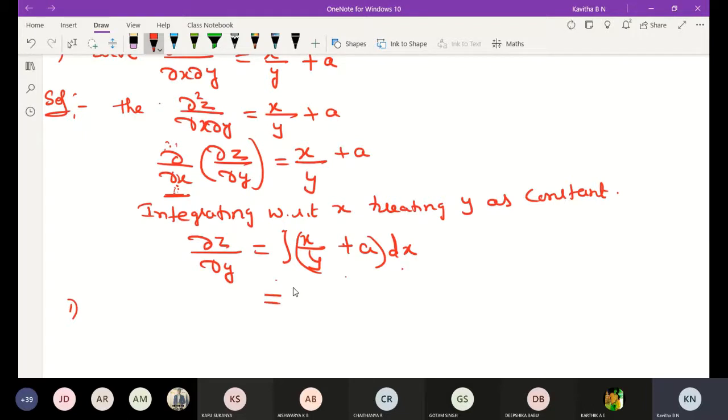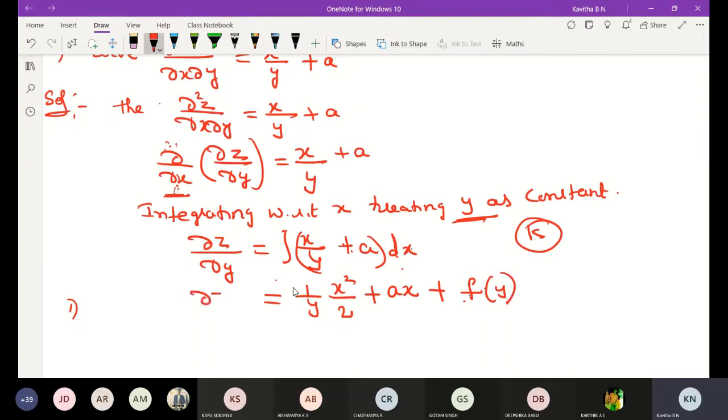Then the integration of x here is 1 by y into x square by 2, plus the integration of a dx, which is ax. Then in place of the constant k we have to write f of y, since y is a constant. So del z by del y is equal to 1 by y into x square by 2 plus ax plus f of y.